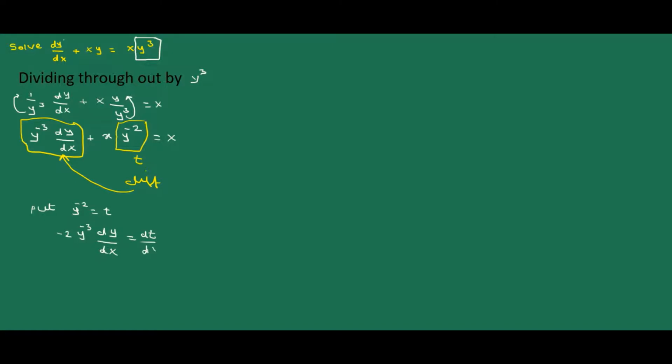Transpose this minus 2 to the right hand side. Now you can check: I have taken the coefficient of x, y raised to minus 2, as t, and after differentiating this we get this term. So this term is nothing but this term.